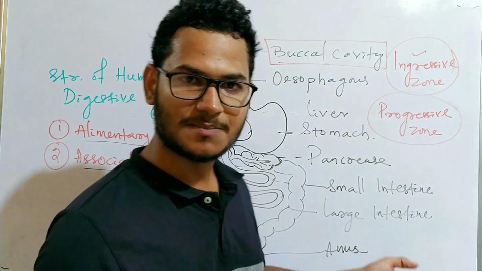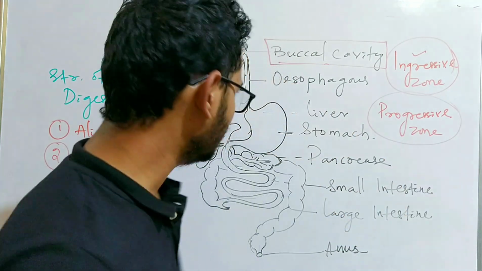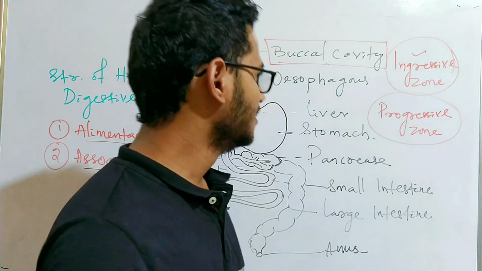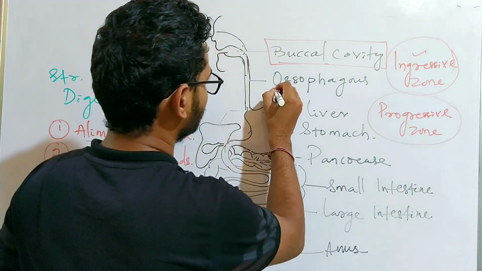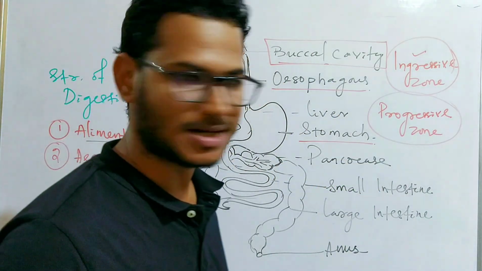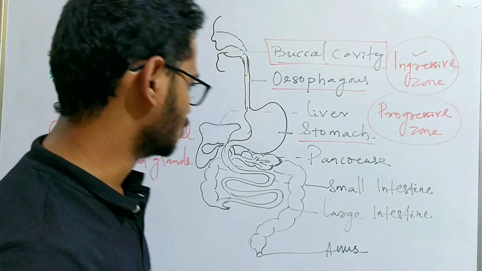Progress means it will take the food forward. So what are the different parts that are under progressive zone? The first one is esophagus and the second one is the stomach.